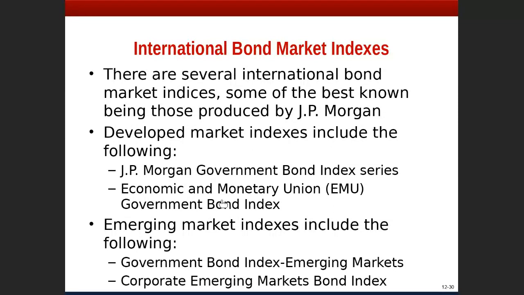Those are two popular bond indices for developed markets. Now, as far as emerging markets are concerned, we have a couple of indices. The emerging market indices include the Government Bond Index Emerging Markets and the Corporate Emerging Markets Bond Index. These are the two widely used indices as far as emerging markets are concerned.